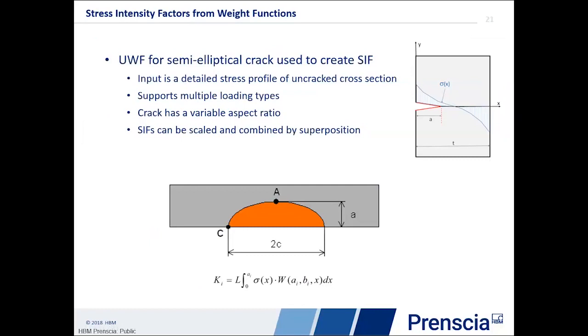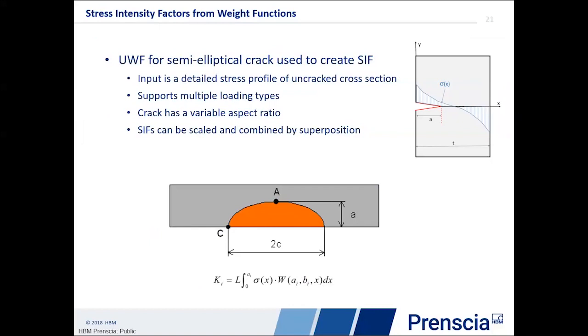Taking that along with the weight function, I can calculate a stress intensity for any length crack. The benefit of using weight functions is they support a wide range of loading types, and are applicable to a wide range of geometries as well, because all we really need to do is describe to the weight function what the stress profile is.